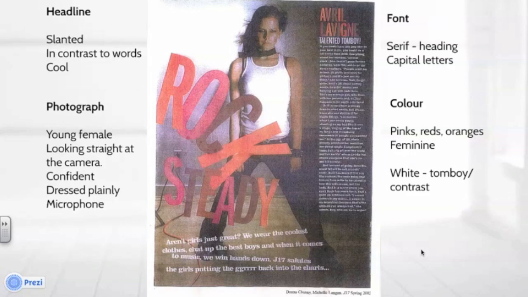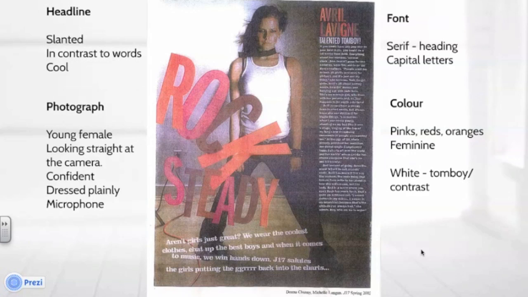Look at what she's wearing, and she's dressed very plainly, and she's also got a microphone, I think, in her hand. So have a think about why the designer has taken that photograph of her, and what impression that creates of this singer. We've got font again, which is serif, again very simple and easy to understand, and we've got capital letters used all the way through, which really makes that presentational feature stand out.